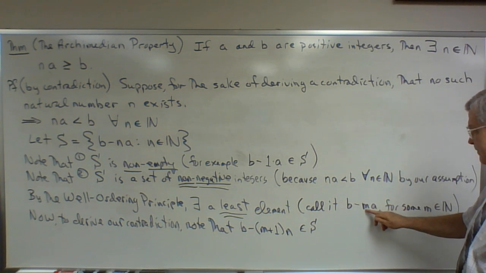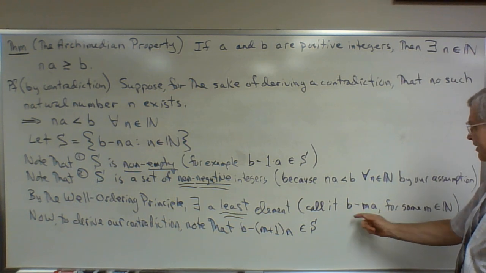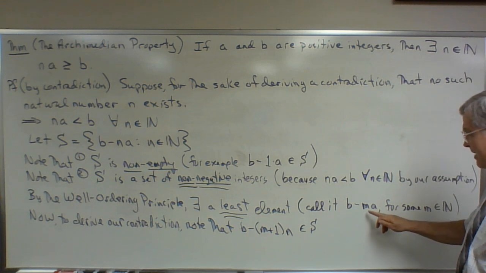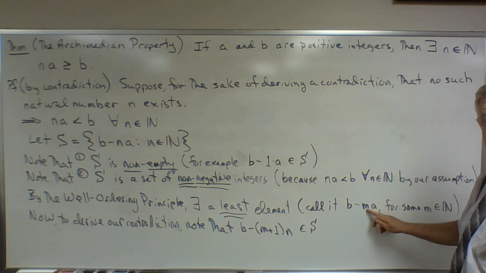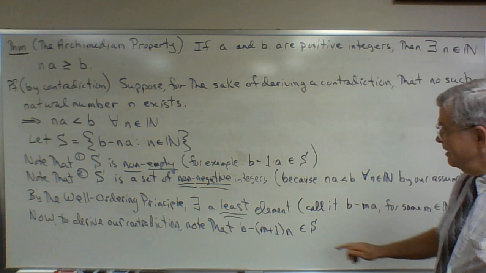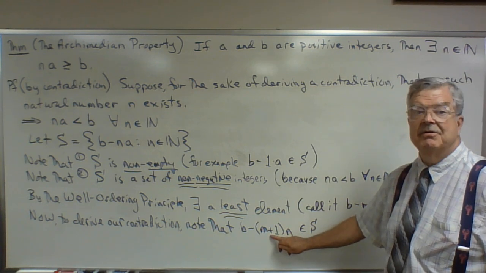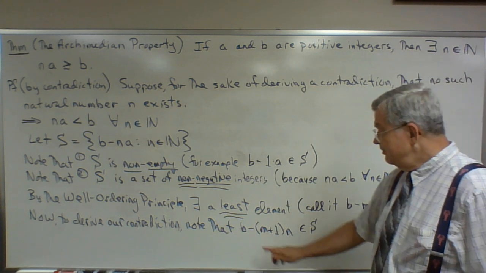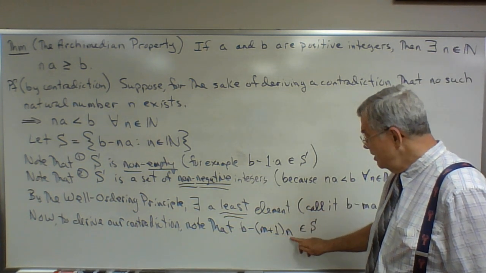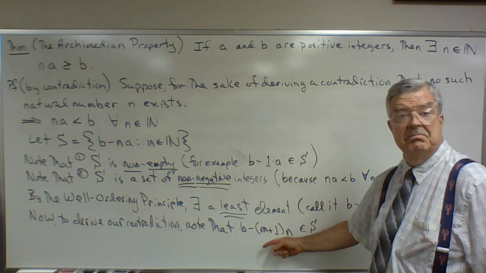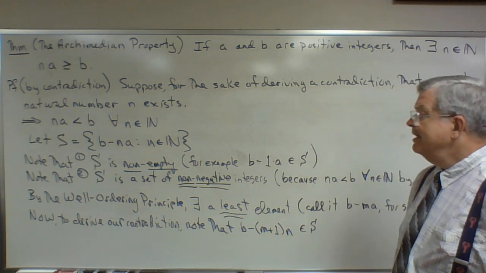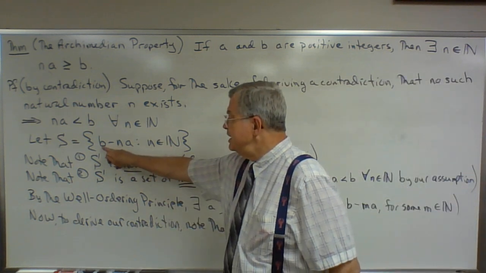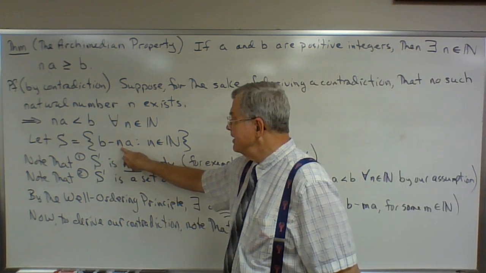And m, since b minus ma is in the set S, m has to be a natural number, a positive integer. So m plus 1 is certainly a positive integer, a natural number. So this is b minus some natural number times a. This is in the set S, because S is the set of all numbers of the form b minus some natural number times a.